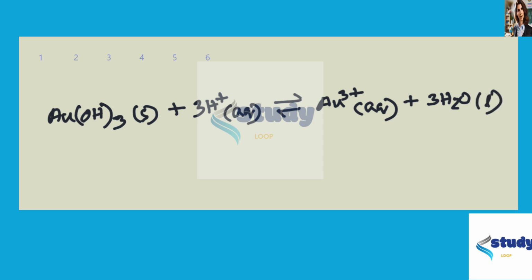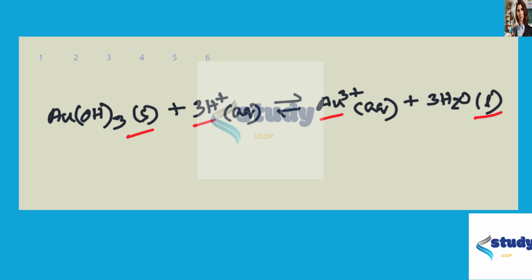As we know, we ignore solids and liquids in the equilibrium constant expression, so we will just find the initial and final concentrations of H+ and Au3+.